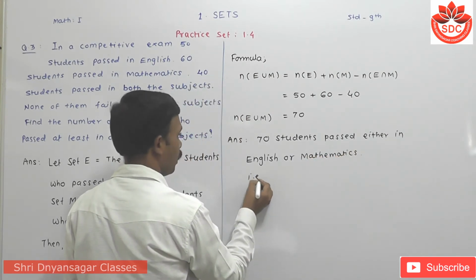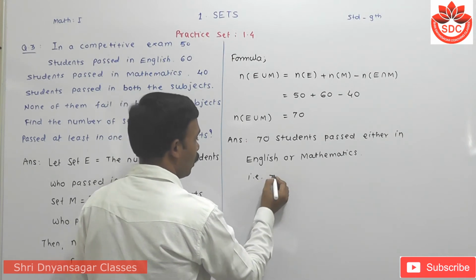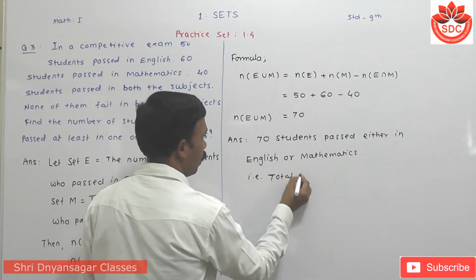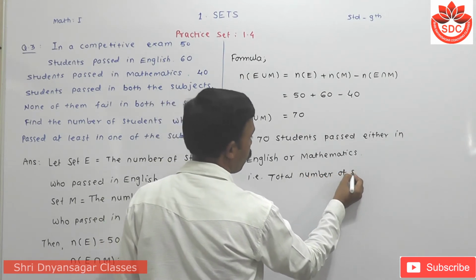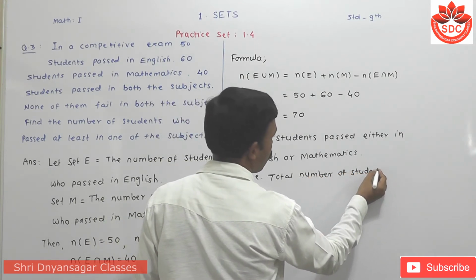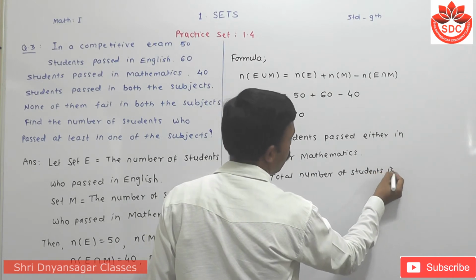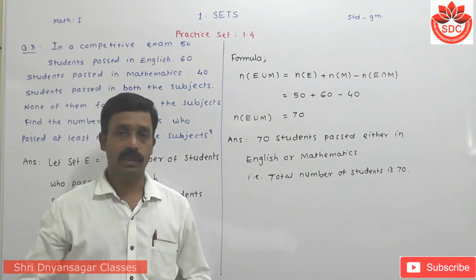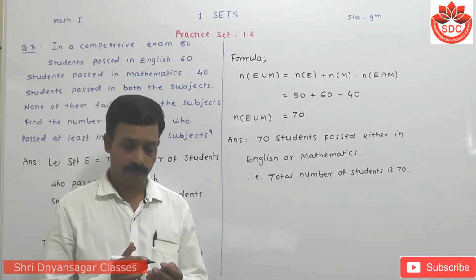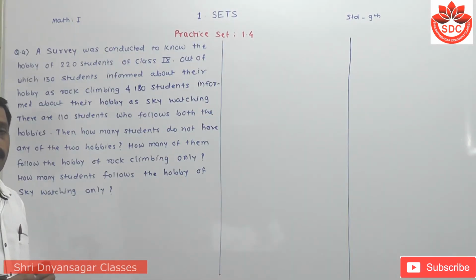That is, the total number of students is 70. Can you understand this question? Let's see the next question.